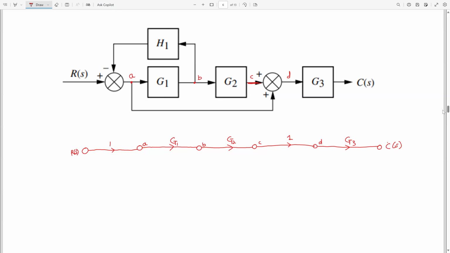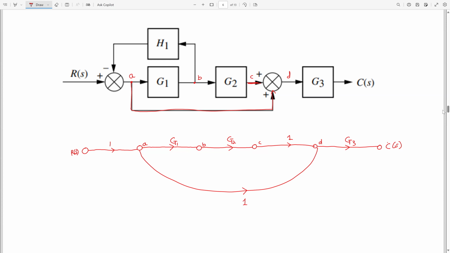From this signal A, going to the summing junction, right? We can draw a particular line or a curve to block D. So from A, we draw the curve to block D. And then it has a transfer function of 1.